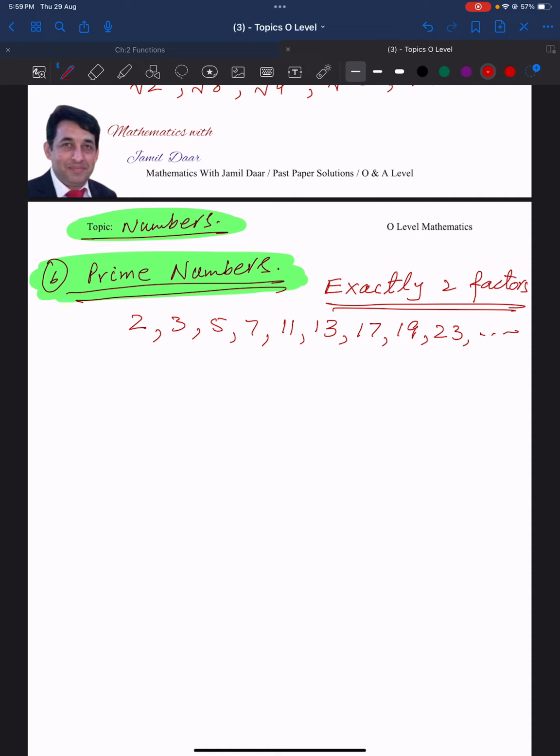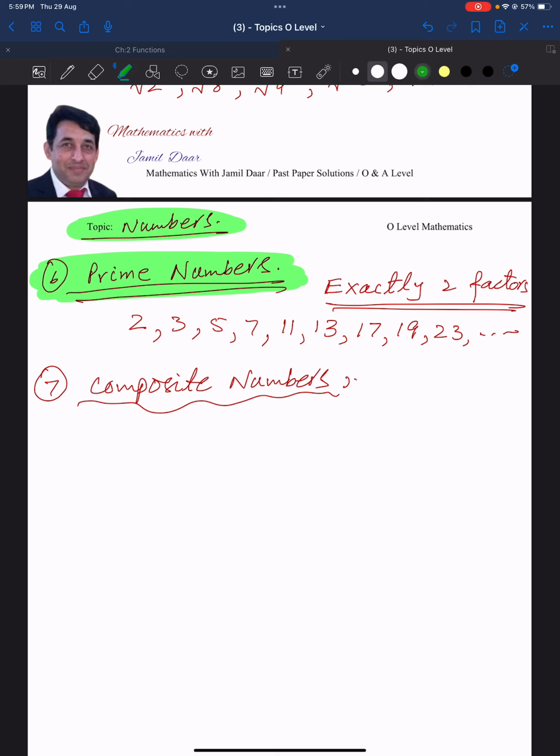What are the composite numbers? Composite numbers are those numbers which have more than two factors.